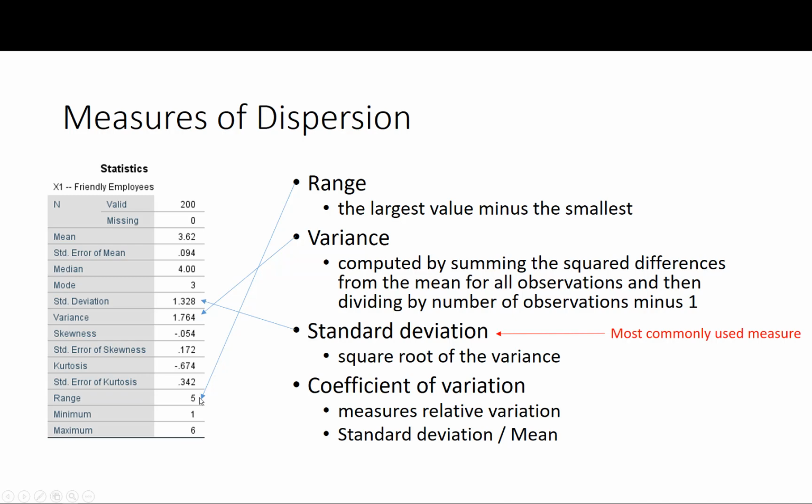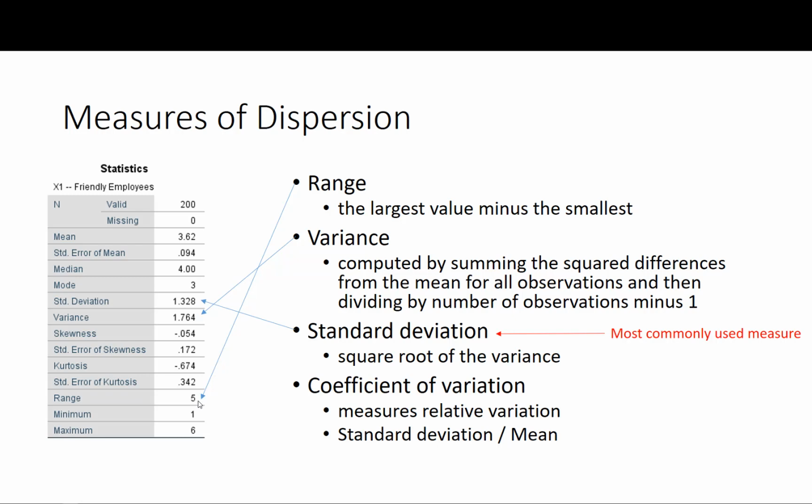So in this case, the maximum reported was 6 and the minimum reported was 1, which gives us a range of 5. So even on a 7-point scale, everyone might respond 3 or 4, meaning that it's 4 minus 3, giving us a range of 1. So a very, very undispersed data set.